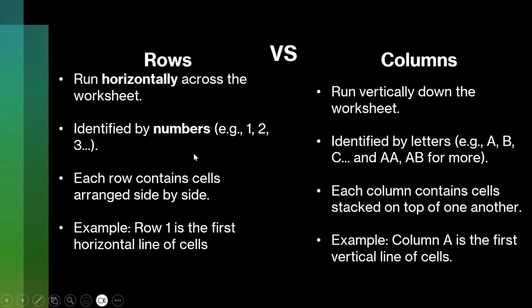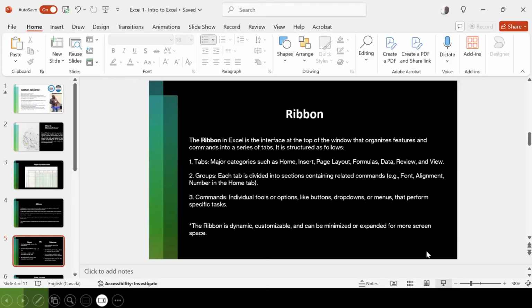Your rows are identified by numbers, for example 1, 2, 3, and columns are identified by letters A, B, C, and more, right? A row contains cells arranged side by side. A column contains cells stacked on top of one another, right? Row 1, for example, is the first horizontal line of cells. Column A is the first vertical line of cells.